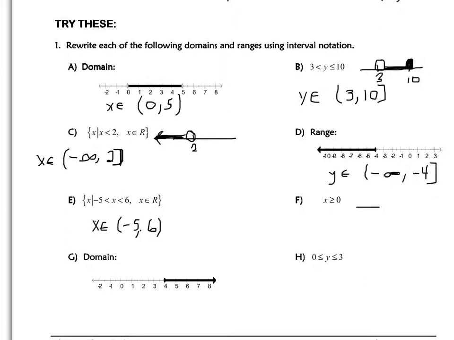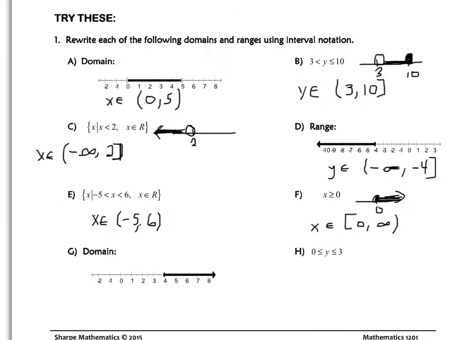So again, if it helps you with your number line, here's 0, everything bigger than 0 would be this side of 0, and you're including 0. So in interval notation, that would be x belongs to, square bracket, 0, comma, right endpoint would be infinity, round bracket.